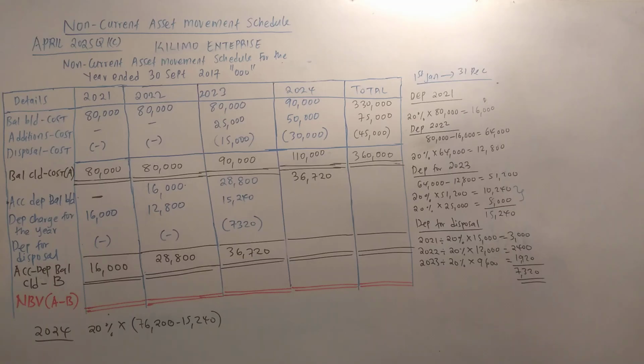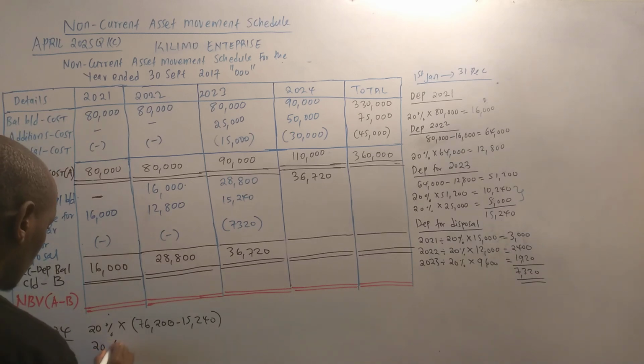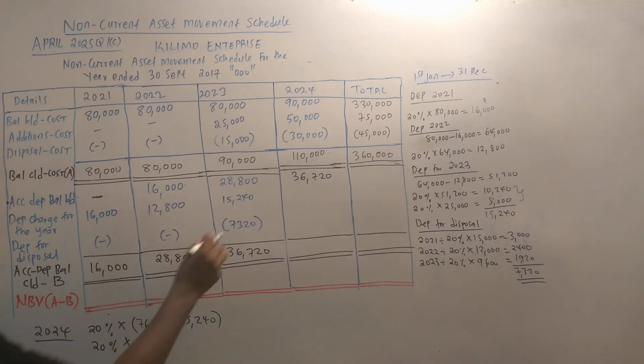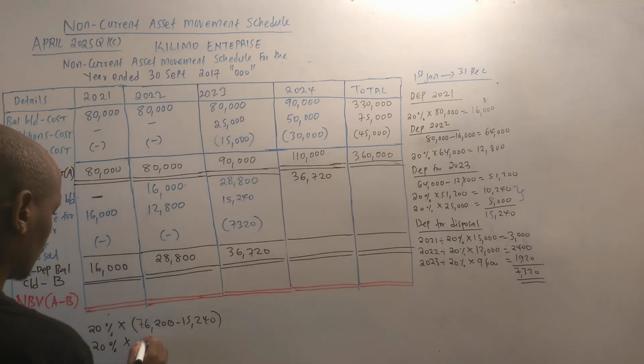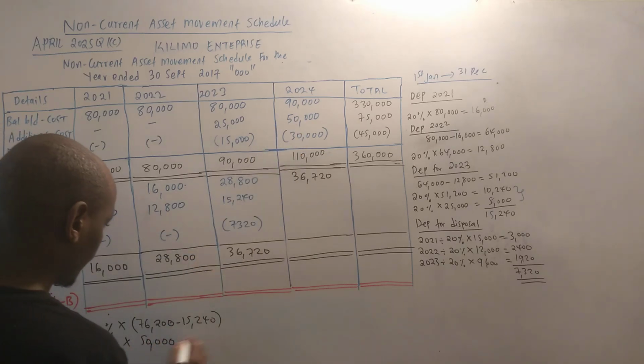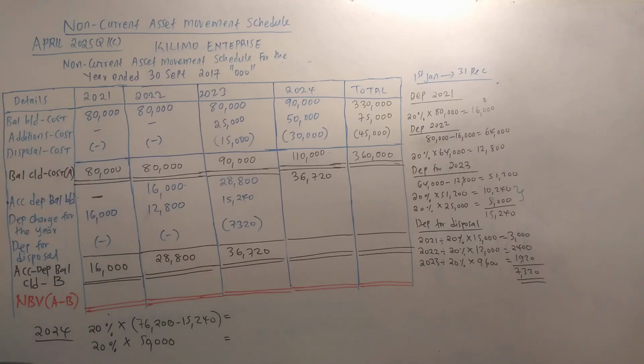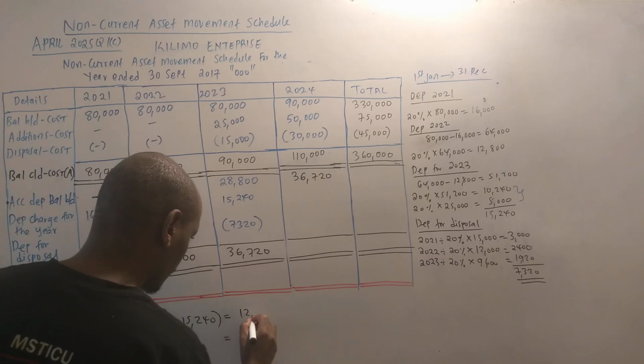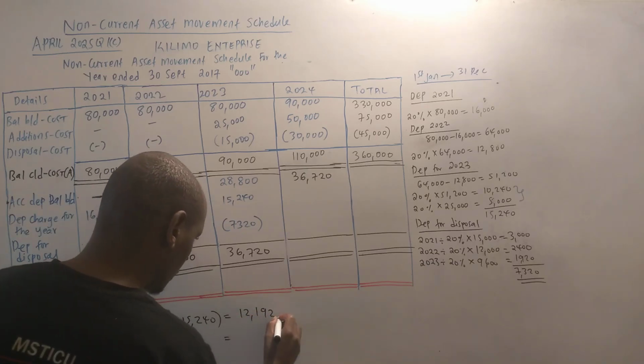Yes, we have another item. There was another acquisition in that year of how much? 50,000. So 76,200 minus 15,240 times 0.2. That one is 12,192.